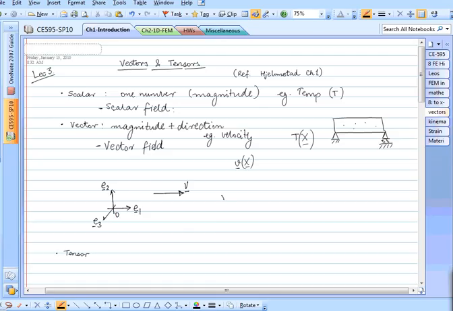Let's say the magnitude of this vector V is denoted by capital V. So how do I represent this vector V in these coordinate systems?